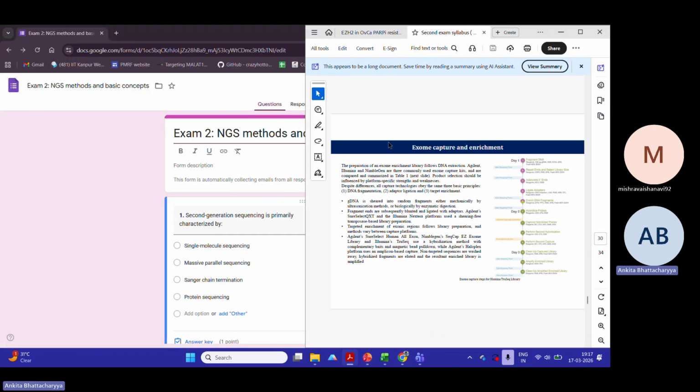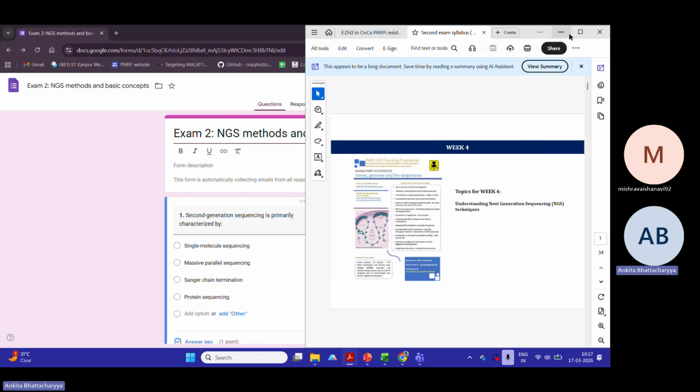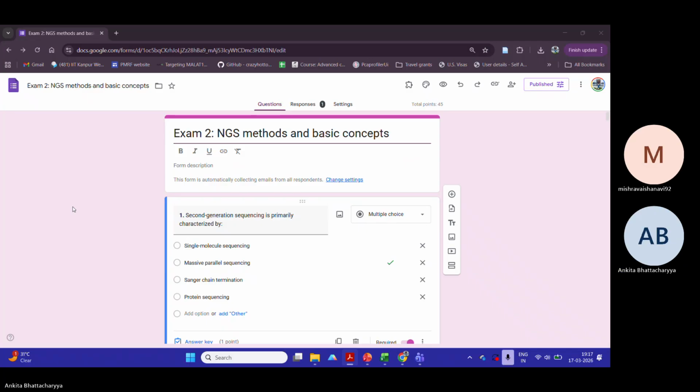Yep, the PPT is also open here, so we can go back for reference if needed. Okay, so the first question was about second generation sequencing. Maybe I'll open the PDF side by side, or sorry, the system is not working well today.